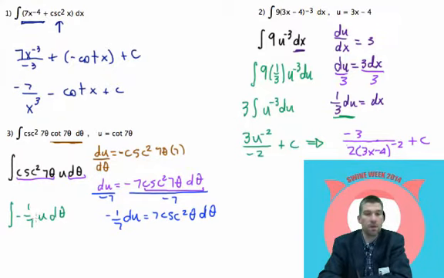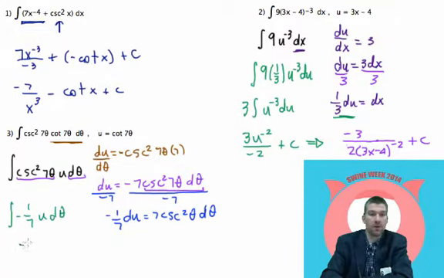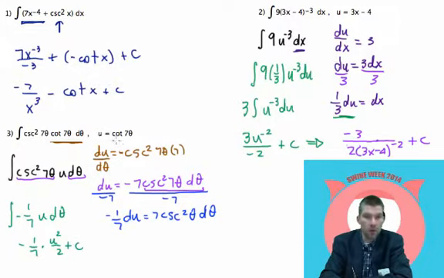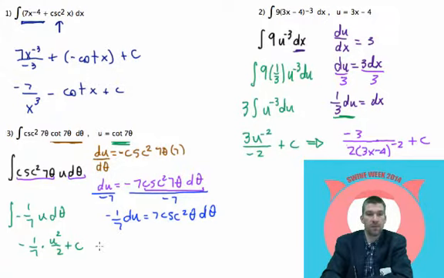We're just going to add 1 to the exponent of u and divide by the new exponent. So negative 1/7 times u squared over 2 plus c. And then we just substitute in what u is, which is this cotangent of 7 theta up here. So this is going to end up being negative 1/7, let's go 1/14.